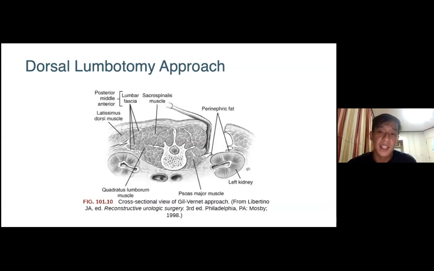The subcutaneous tissues and the latissimus are separated from the posterior layer where it overlies the sacrospinalis muscle. The posterior layer of the dorsolumbar fascia is a strong fascial coating. It is incised, which allows the sacrospinalis to be retracted as shown in this picture.